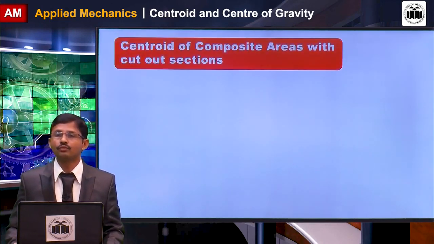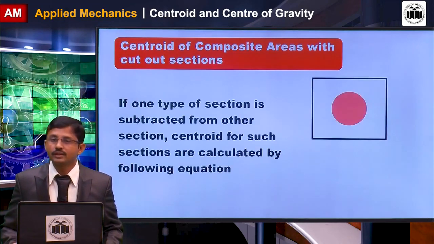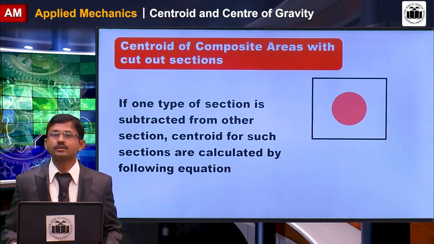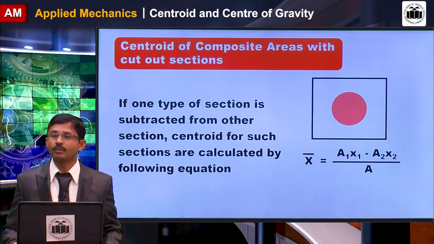Then we will move forward to the centroid of composite areas with cut sections. A cut section is when you subtract a smaller area from a bigger area. If one type of section is subtracted from another, the centroid is calculated using the following equations: x bar is equal to A1 x1 minus A2 x2 divided by total area, and y bar is A1 y1 minus A2 y2 divided by total area.